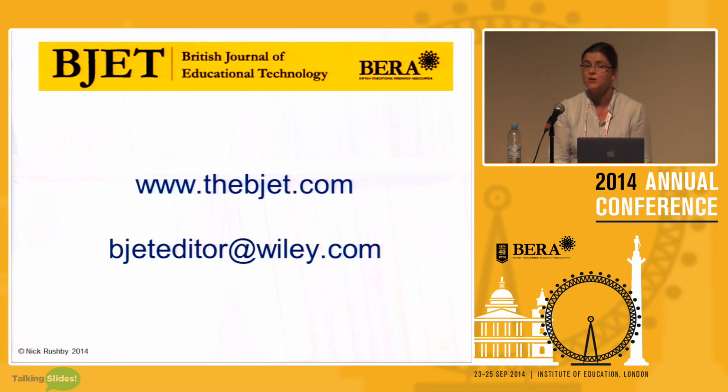It's 10,000 words plus, whereas BJET papers, the maximum word count is 8,000. So that is the sort of point that, as Nick said, that's your first hurdle, if you like. You do need to pay attention to all of those points. But just the general message is we are approachable and we're here for any queries. Thank you.